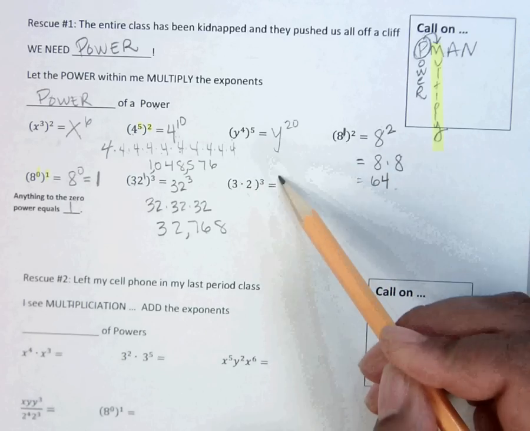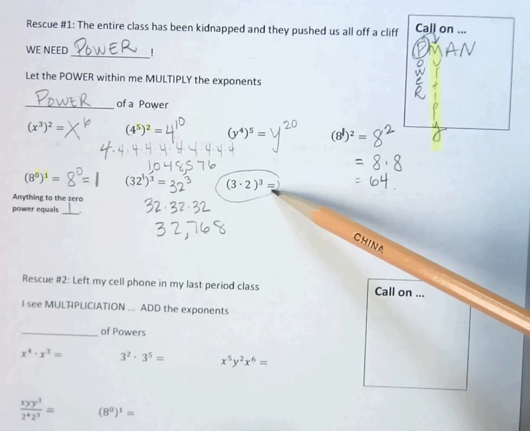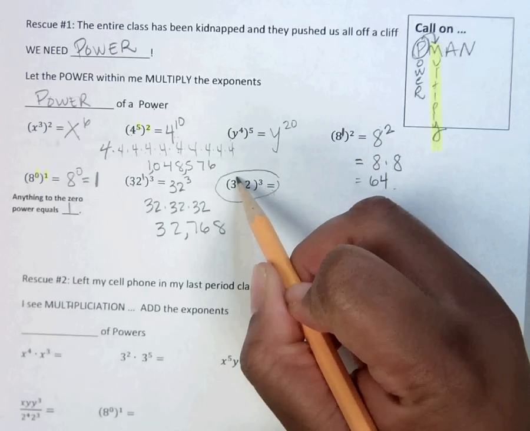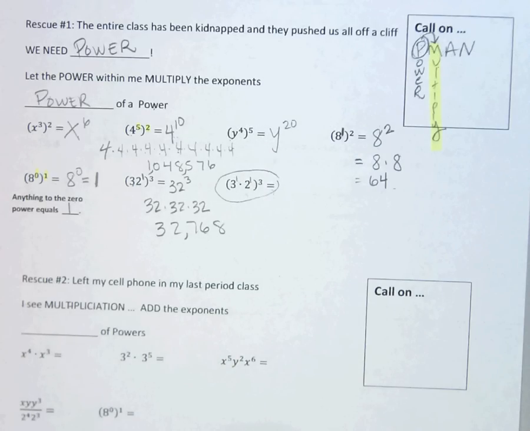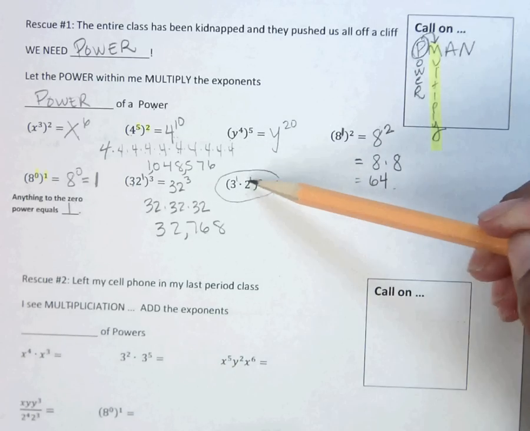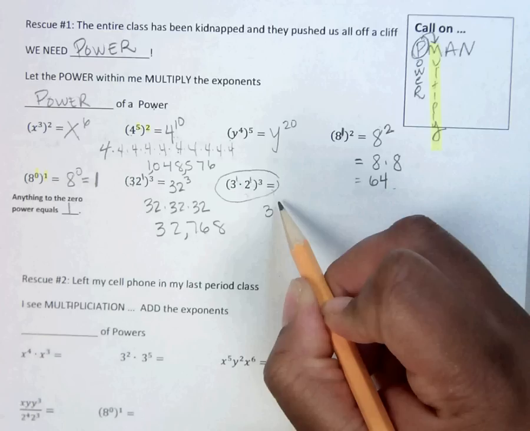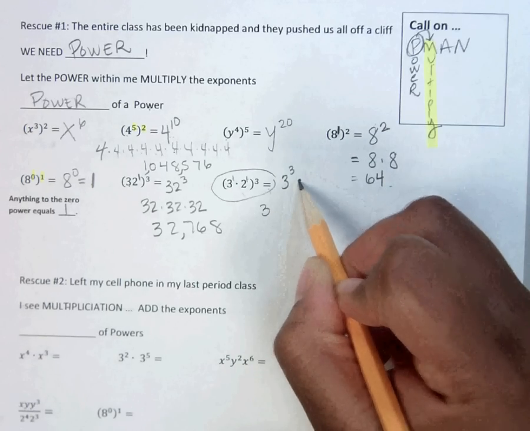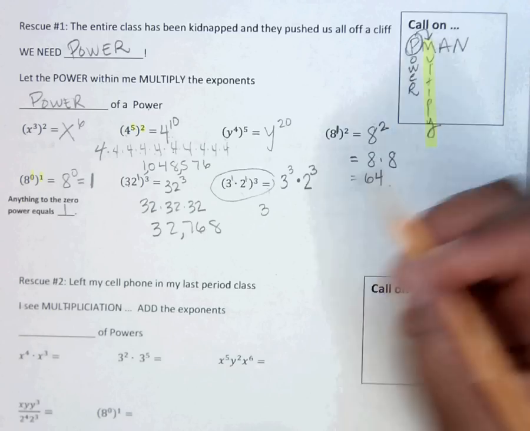Okay, now this one's different. This is under a different property, because we're talking about power of a power. This one's a little different, a different property, but I wanted to go ahead and show you. This is not power of a power property, but let's talk about it anyway. That has a 1, and that has a 1. Okay? So if there's not just one exponent I'm multiplying, there are 2. So this becomes 3 cubed times 2 cubed, because I multiplied the exponents.